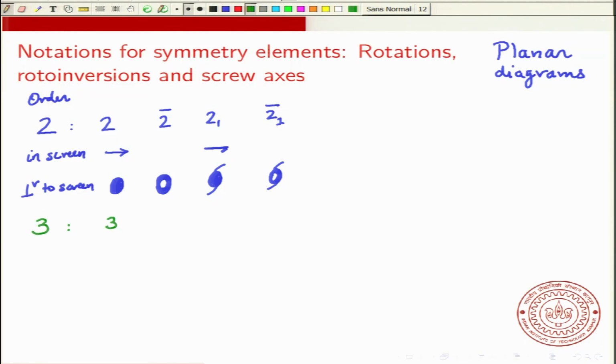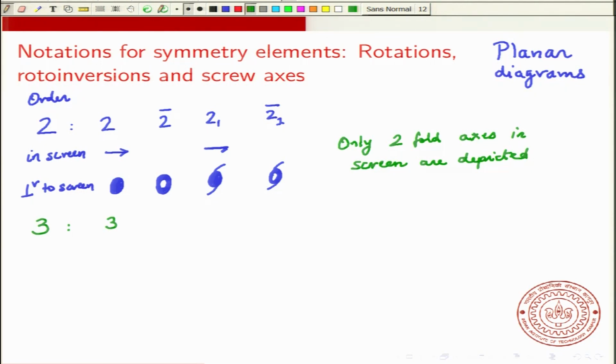Only two-fold axis in the screen is shown. So let me emphasize this point: usually only two-fold axis in the screen are depicted.